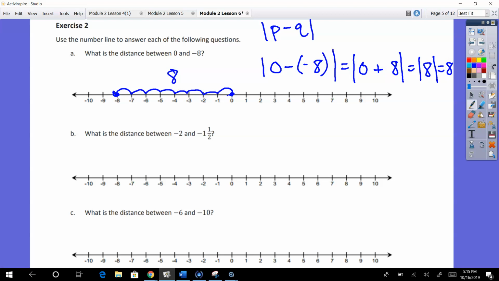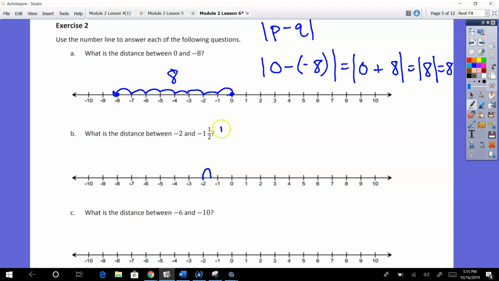Next one, from negative 2 to negative 1.5. From negative 2 to negative 1.5, we would have gotten that the absolute value is half, as you are only going the distance of half.